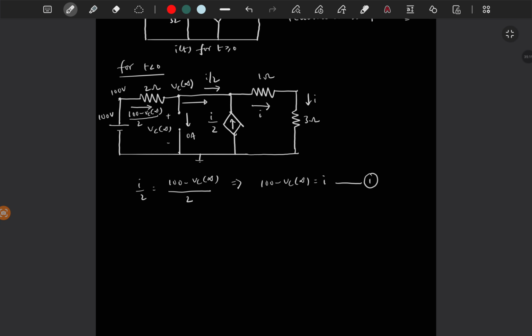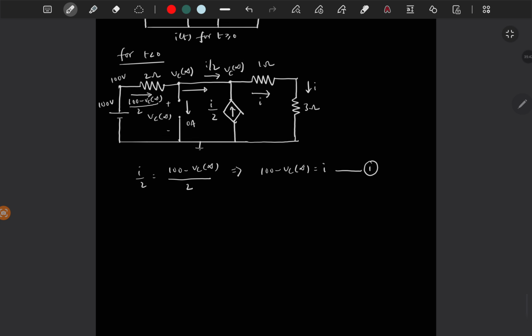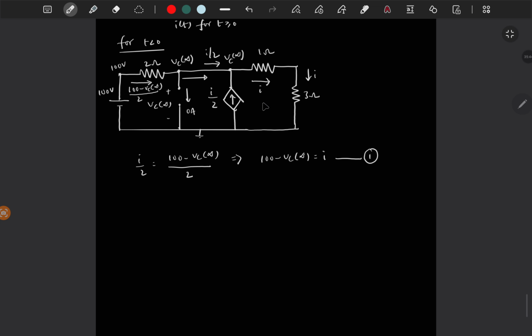And what can be the other equation? To find Vc of infinity, we have two unknowns here. So we have to get one more equation in terms of Vc of infinity and the current I. Since this is Vc of infinity, and these two are the same node, this should also be Vc of infinity, and this current is I, right?